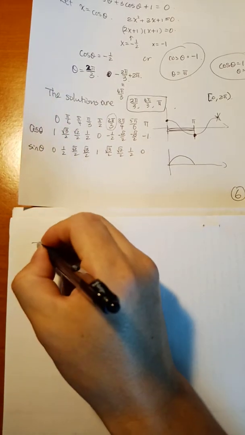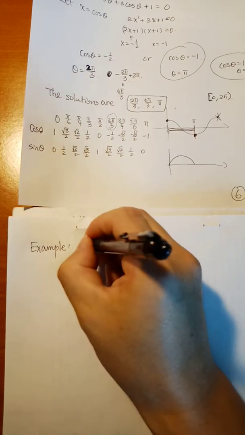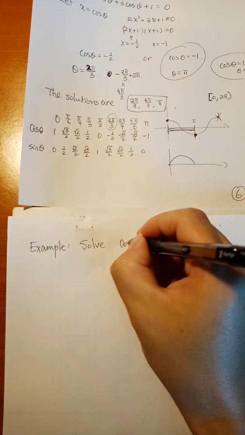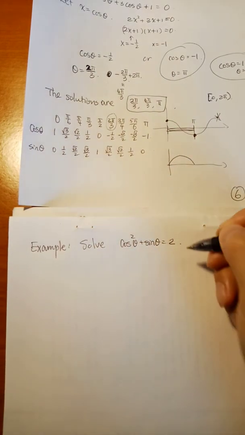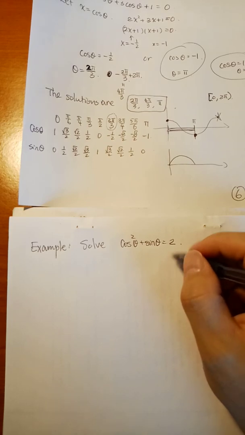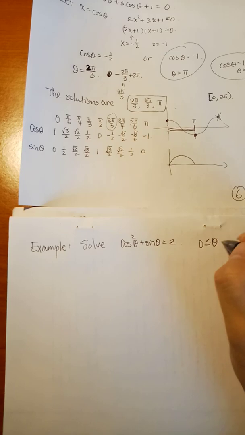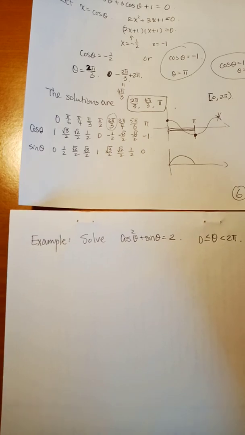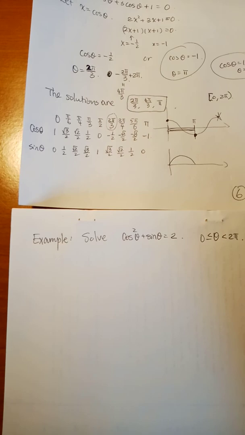Solve cosine theta squared plus sine theta is equal to 2. Theta is between 0 and 2 pi, including 0, excluding 2 pi.